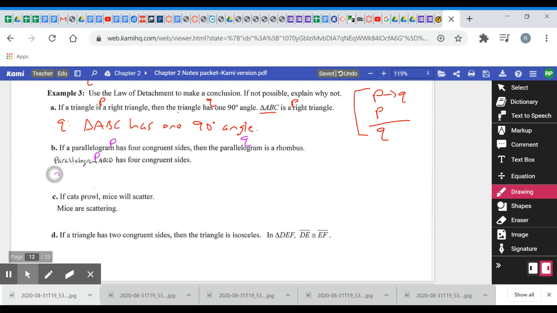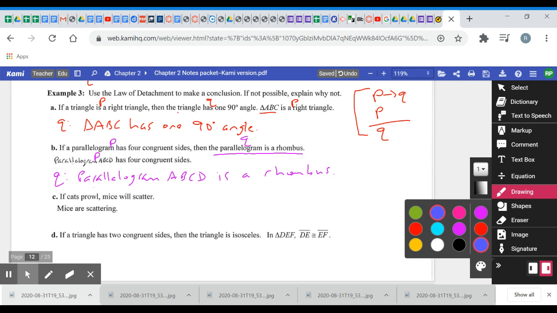And so now my conclusion is Q. So I want to restate this with the specific example of parallelogram ABCD. So I'm going to say parallelogram ABCD is a rhombus. I know that's a true conclusion based on the way the other statements are set up.